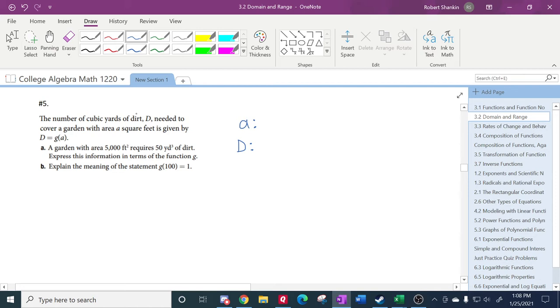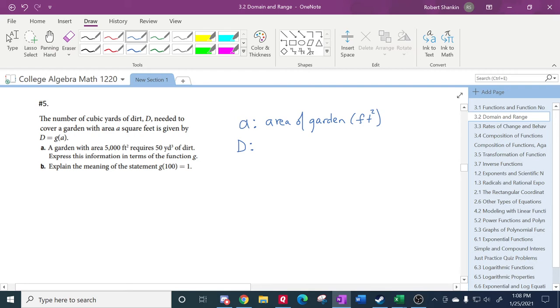Cubic yards of dirt, D. Well, D has to do with dirt, cubic yards. But it tells us A, needed to cover a garden with area A square feet. This is the area of the garden, and it's in square feet.